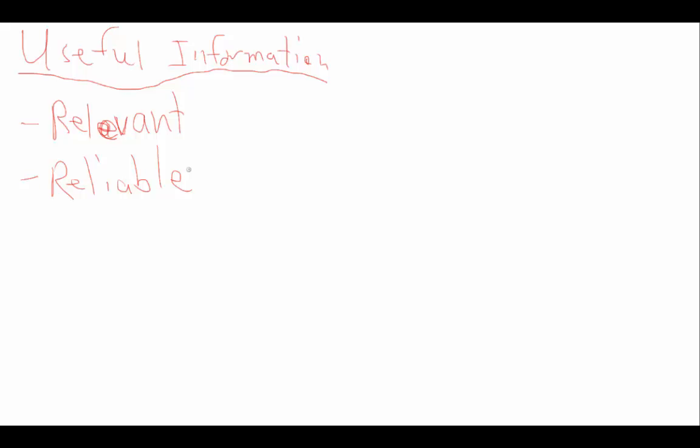And then neutrality. Would I take a look at this, and would someone else, maybe a disinterested party, come and take a look at this same thing and come up with the same information? So useful information needs to be relevant and reliable.